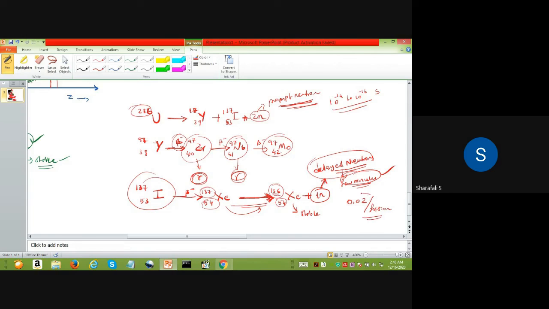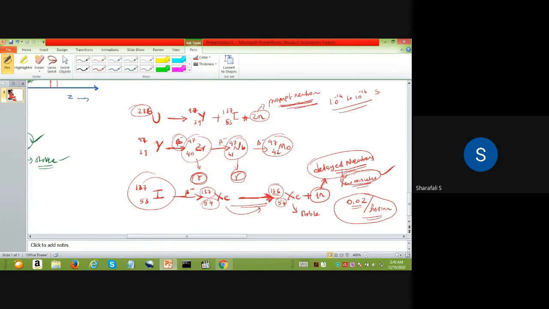I mean the number of delayed neutrons that will come out in the nuclear fission process will be around 0.02 per fission, which means that if you take 50 nuclear fission processes, one delayed neutron will come out. Okay, 50 nuclear fission reactions, and one neutron coming out from all those 50 reactions will be that delayed neutron.